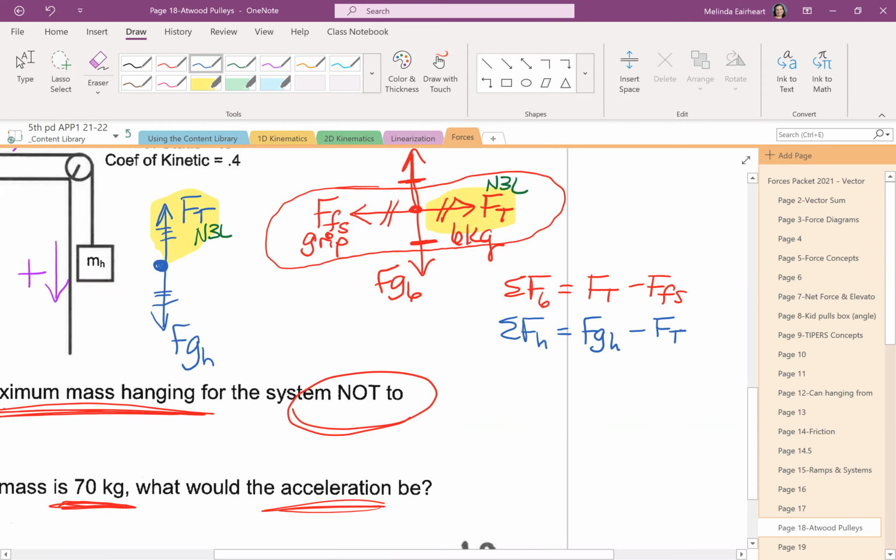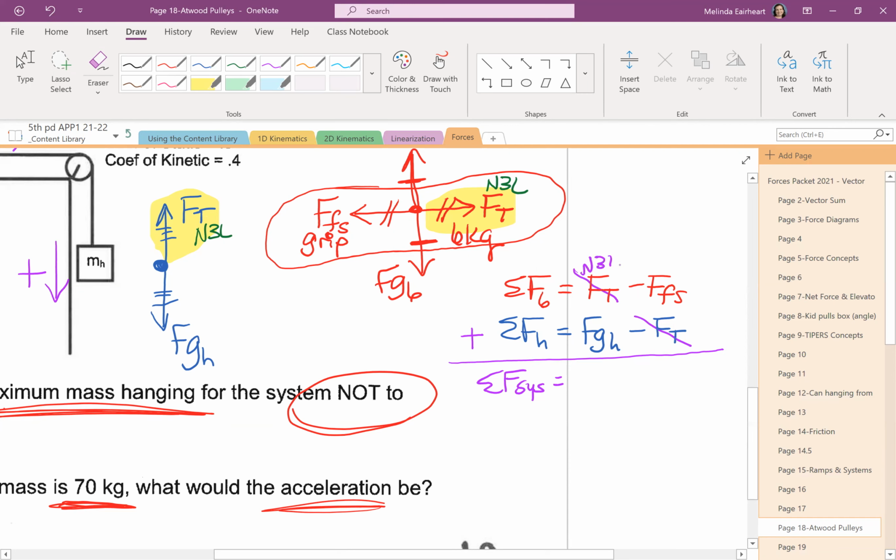So with a system, put them together. Putting these two together gives us a system equation. So FNet system. Notice what happens to your tension. It doesn't zero out. It is something. But I've got positive and negative.